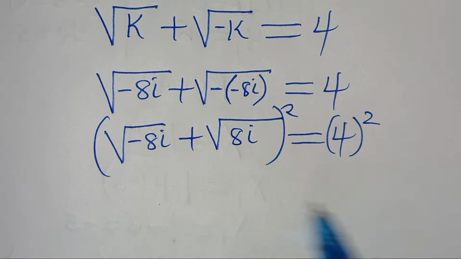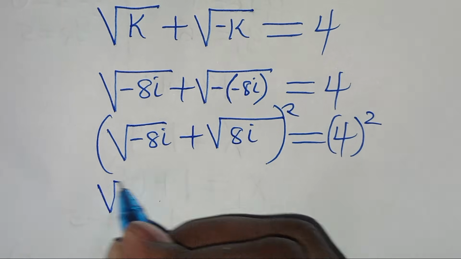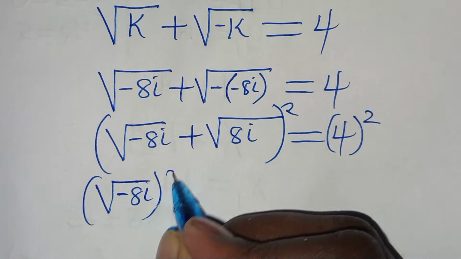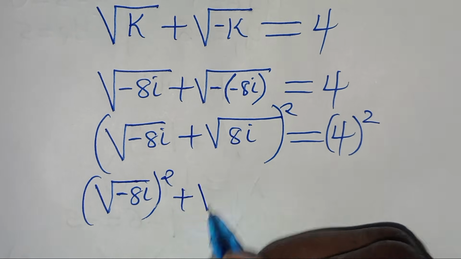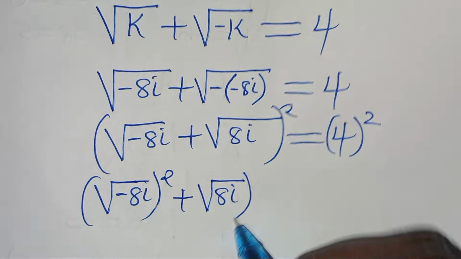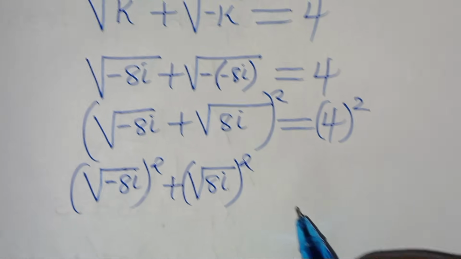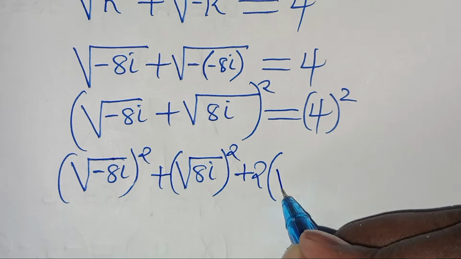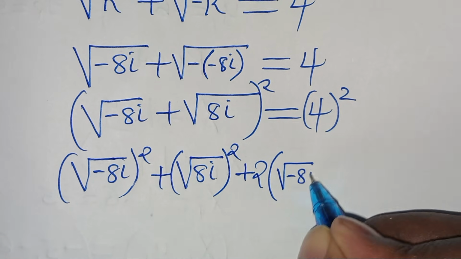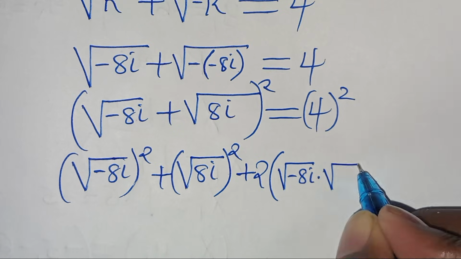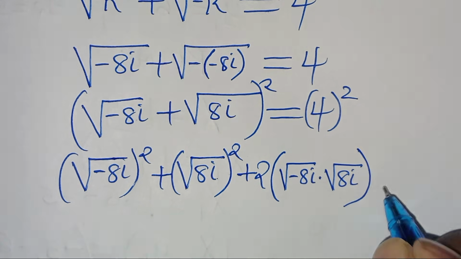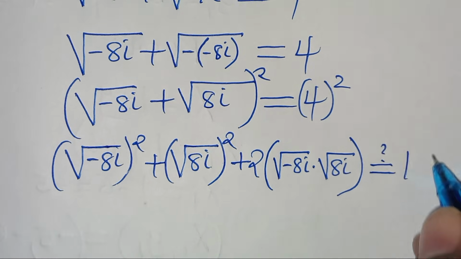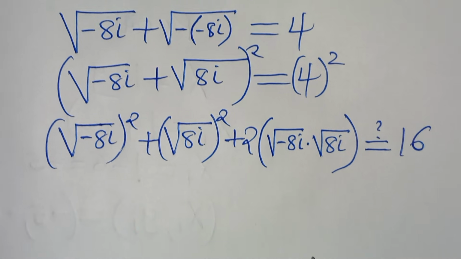This indicates that we have the square root of -8i raised to the power of 2, plus the square root of 8i raised to the power of 2, plus 2 in the parentheses, the square root of negative 8i times the square root of 8i. This should give us a value of 4 squared, which is equal to 16.